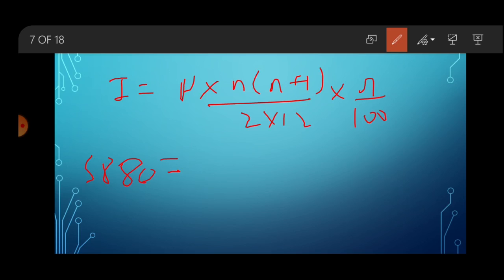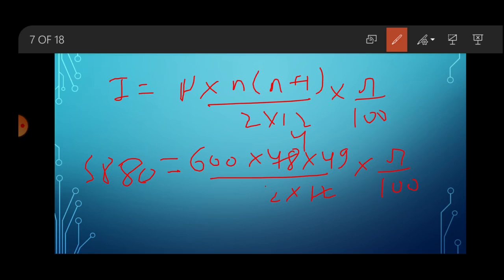Your P is 600, 600 into N is 48, so it is 48 into 49, and here it will come 2 into 12 into R by 100. So it will be cancelled 4 times.